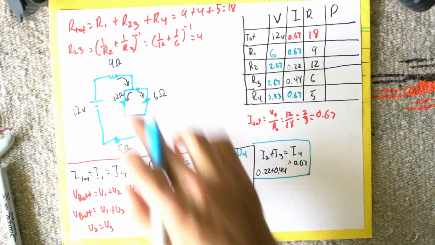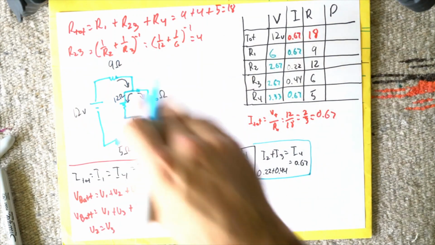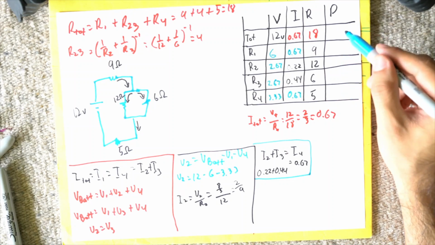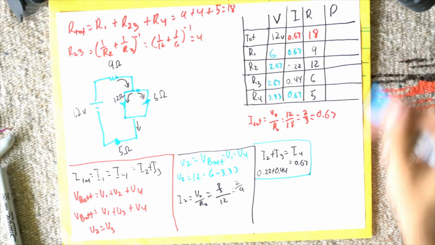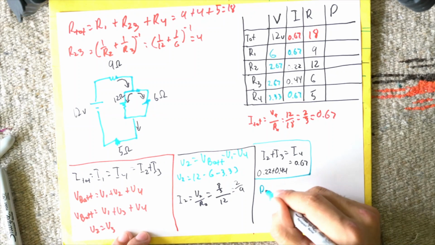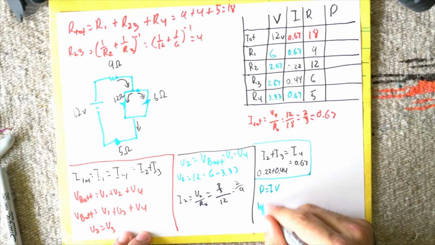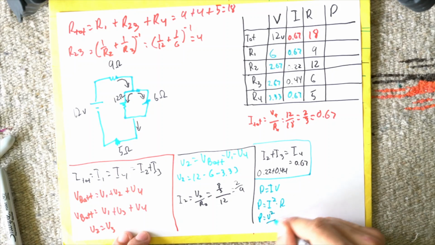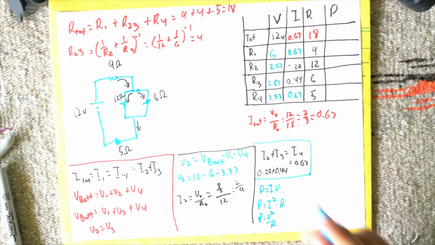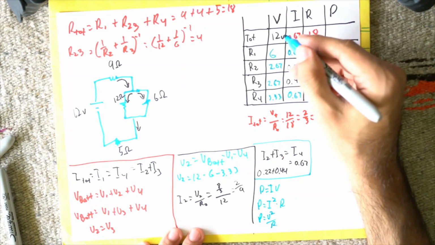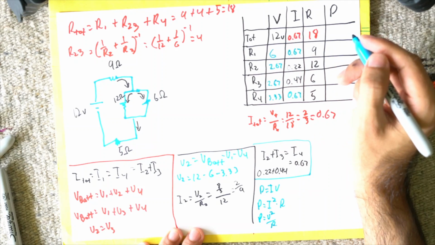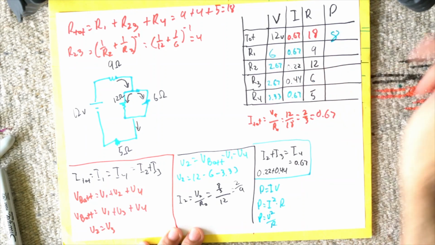Okay, remember, it doesn't matter really what the configuration of the whole circuit is. The sum of the power, no matter what, will equal the power coming out of the battery. And that is equal to P equals I times V, or P equals I squared times R, or P equals V squared divided by R. Okay, I'm just going to do this. So 2/3 times this, that should equal 8.